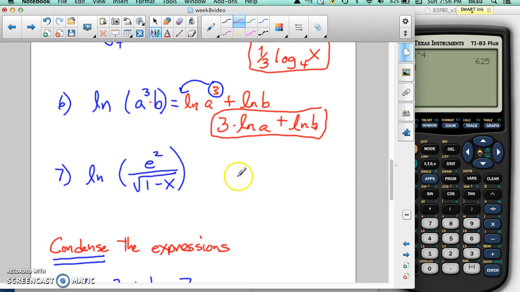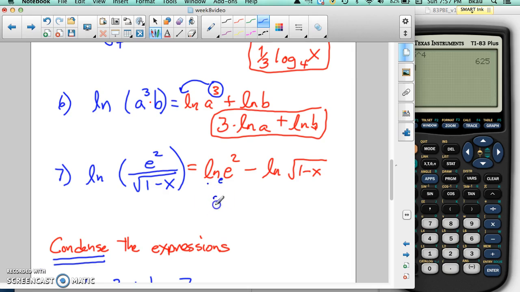And here's my last example of expanding. This one uses ln, but it also has powers of e, so it's going to be ln of e squared minus ln of the square root of 1 minus x. So this part of it is inverses. We're going to use the inverse.